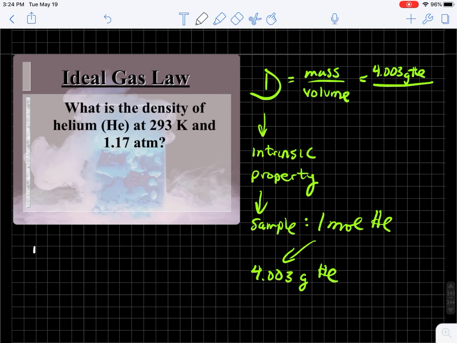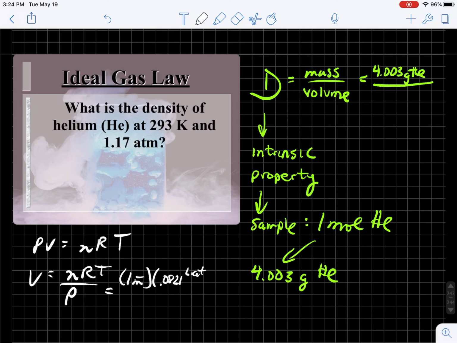And so since this is not an STP problem, I got to use PV equals nRT. Solve for volume. I'm using a 1 mole sample, and they gave me atmospheres, so I can use 0.0821 liter atmospheres per mole Kelvin as my gas law constant.